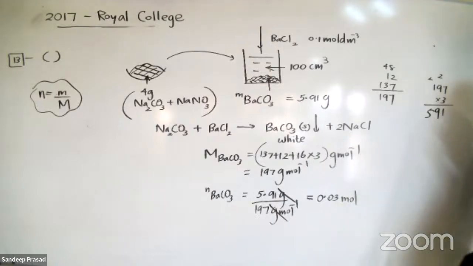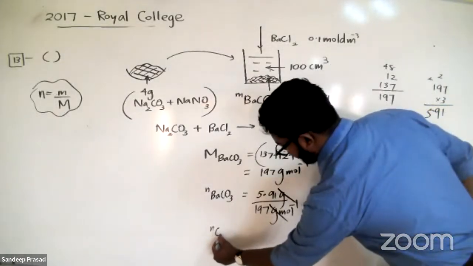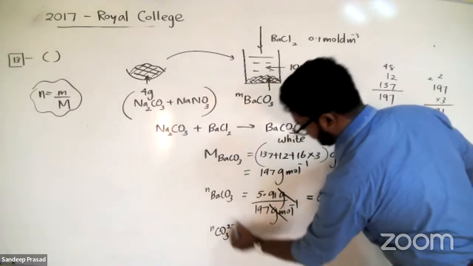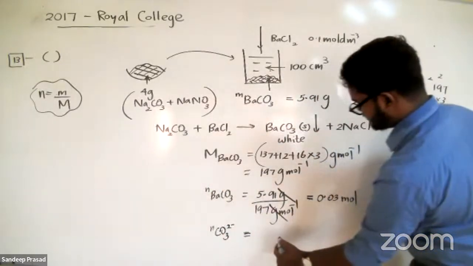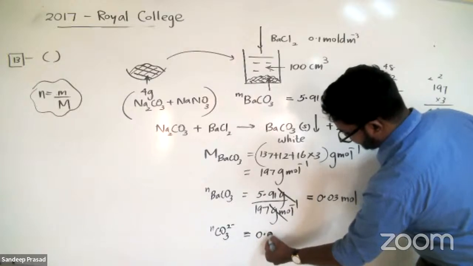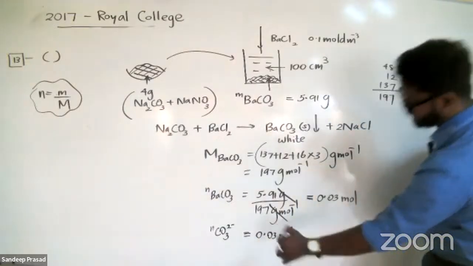These are the barium carbonate number of moles. Then what is the carbonate number of moles? In one barium carbonate, one carbonate is there. So if that is 0.03, carbonate moles are also 0.03.